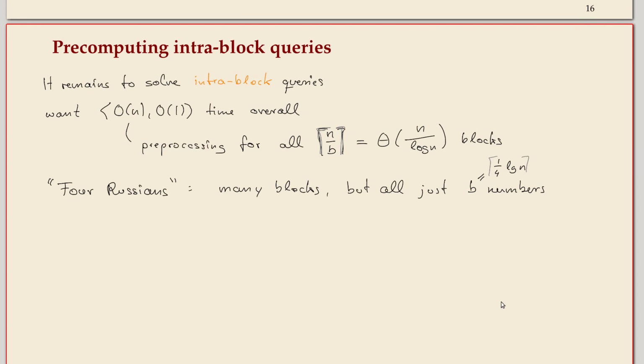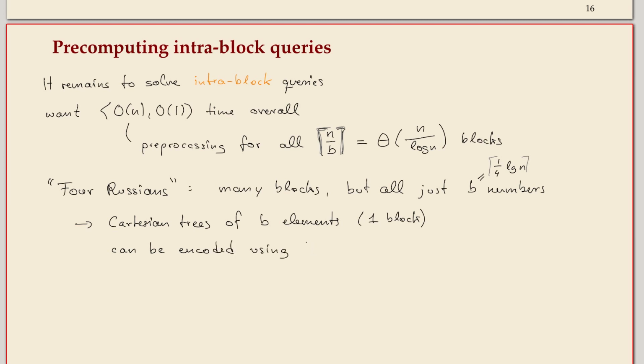And now we'll use our Cartesian tree insights. The Cartesian trees of b elements, so the Cartesian tree for one block, can be encoded using 2b bits.